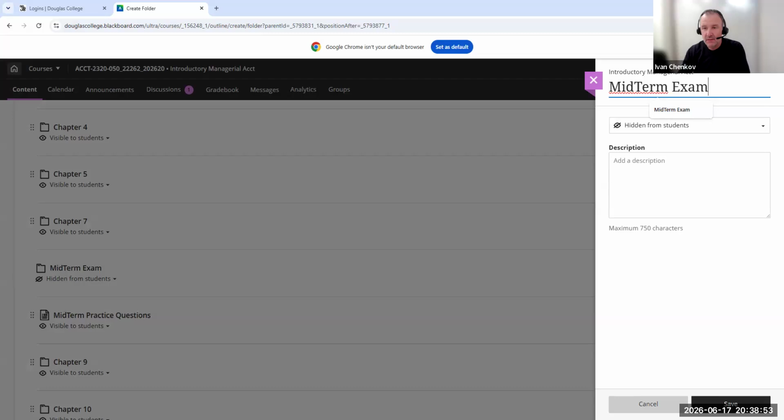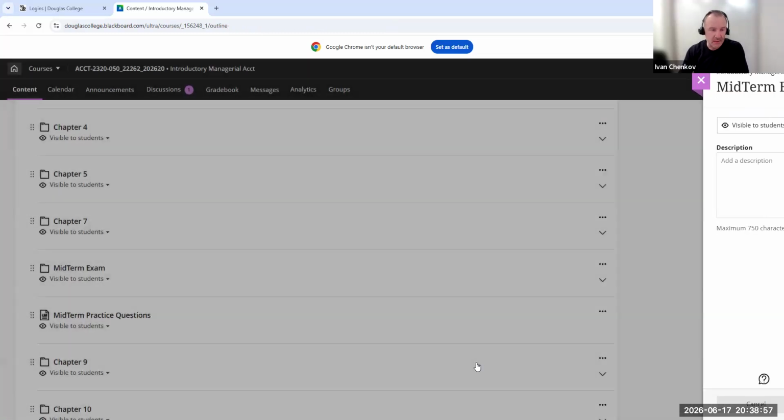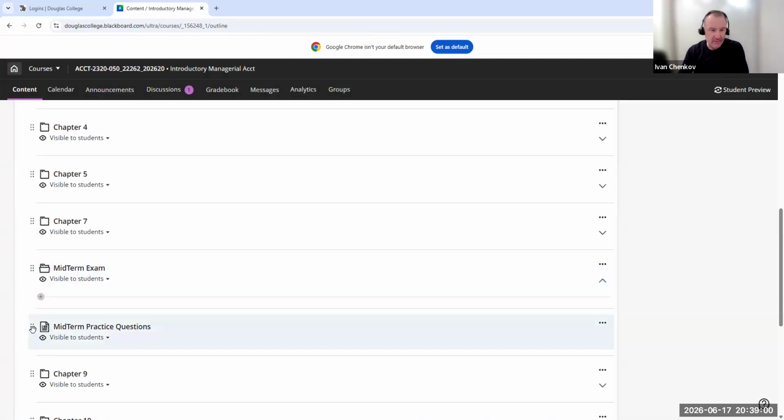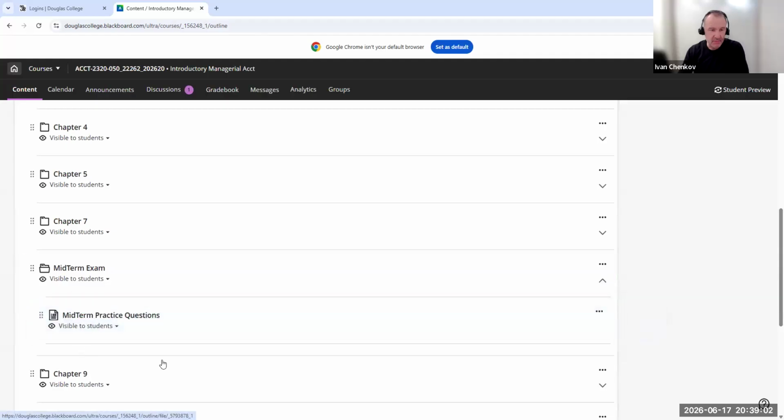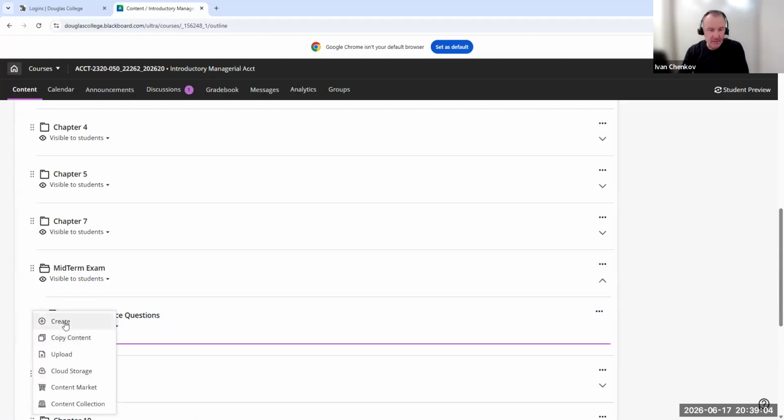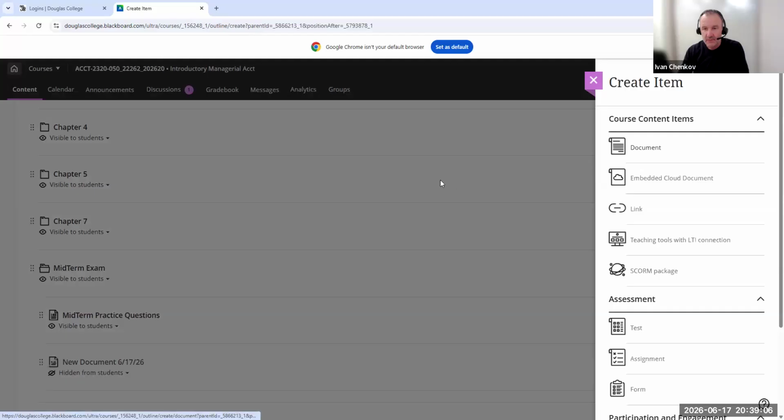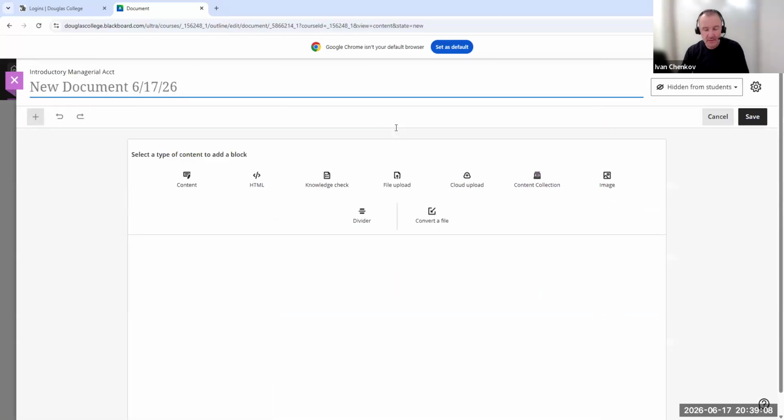And that will be the folder which is created. Once I have the folder, then life is way easier, boom, with the questions here. And the next thing is create document, which is going to be like this. And file, upload from here.